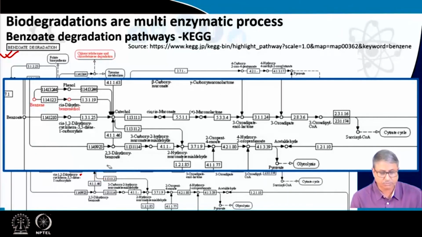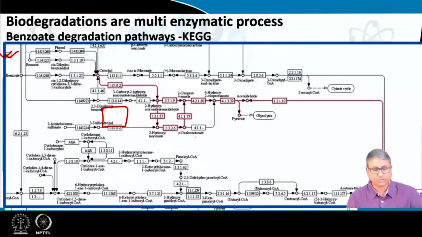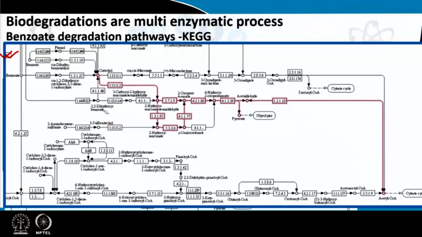This is one of the sections of the benzoate degradation, where you can see that the benzoate is converted to catechol, and this catechol is subsequently catalyzed through multiple reactions. I will enlarge it further. So, all these multiple reactions eventually lead to what?